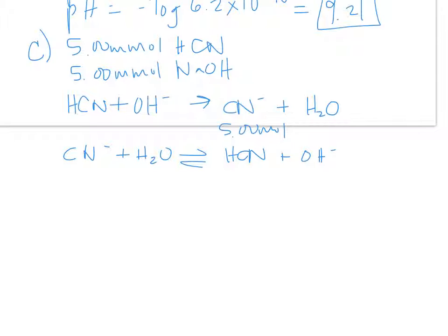And that 5 millimoles of conjugate base will behave as a base and determine the pH at the equivalence point. Each solution of the acid and the base initially were the same concentration. And so if we had 50 milliliters of the hydrocyanic acid, that means we need 50 milliliters of the base to be at the equivalence point.